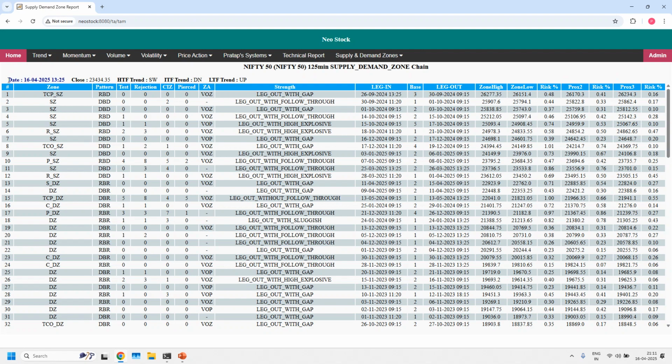Look into this timestamp. Actually, the market is closed at 3:30, but it is showing 13:25. So today 13:25, because 13:25 is the candle open price. So that's why the date always displays the latest candle open price. I mean, the open date.